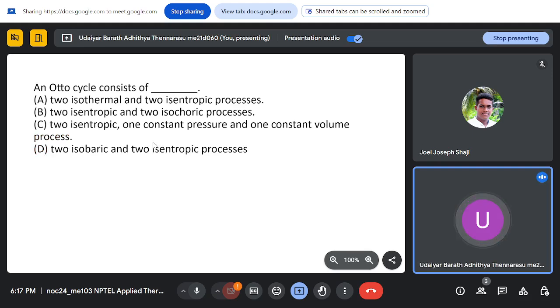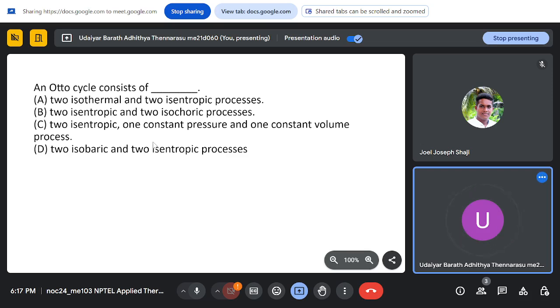The next question is, an Otto cycle consists of dash. A, 2 isothermal and 2 isentropic processes; B, 2 isentropic and 2 isochoric processes; C, 2 isentropic, 1 constant pressure and 1 constant volume process; D, 2 isobaric and 2 isentropic processes. So the Otto cycle is what we first saw.